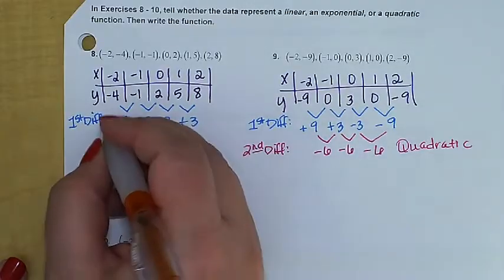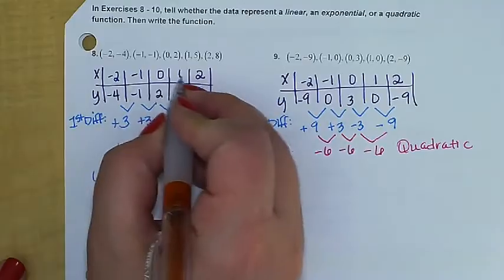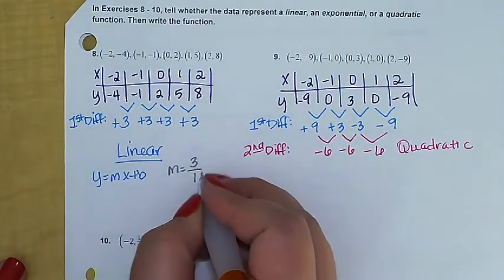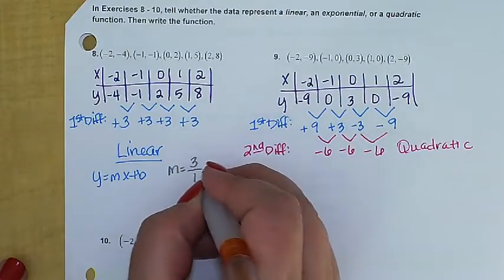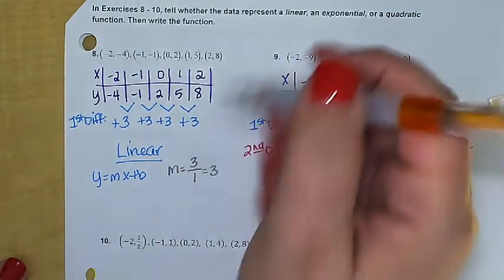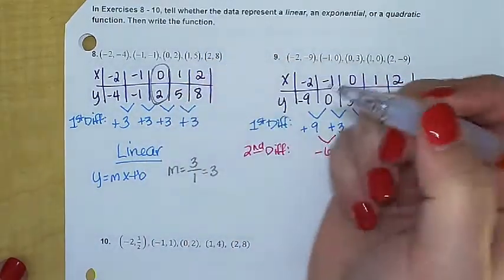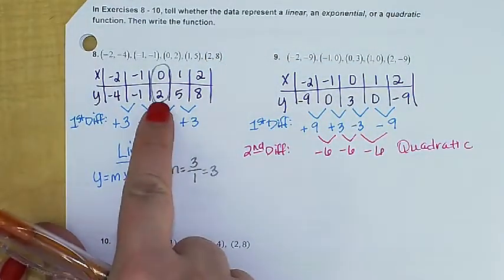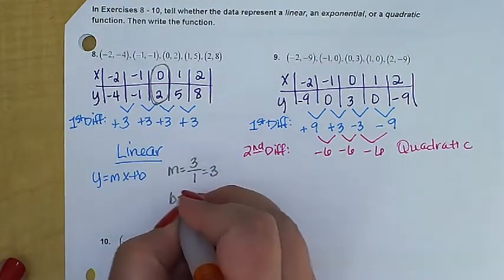So here it looks like our change is 3 every time that x goes up by 1. So change in y over the change in x, our slope is 3 over 1, or in other words, just 3. The other good news is that our y-intercept is right here at a glance. Otherwise, we could find it, but we can see here that the y-intercept when x is 0 is 2, so that gives us our b value.